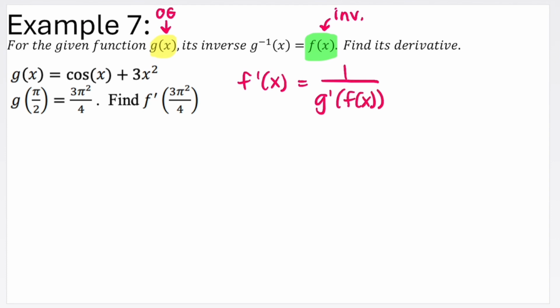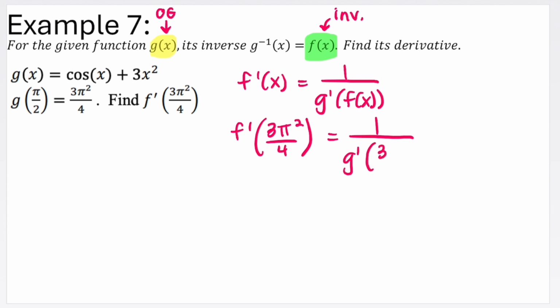And I'm trying to find f prime of 3 pi squared over 4, which would be 1 over g prime of f of 3 pi squared over 4.